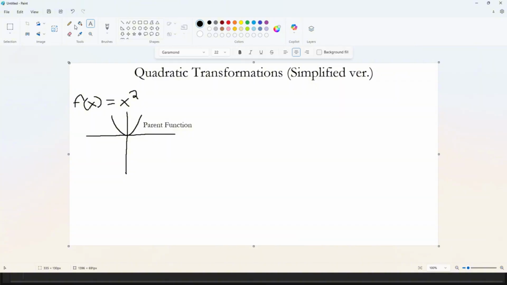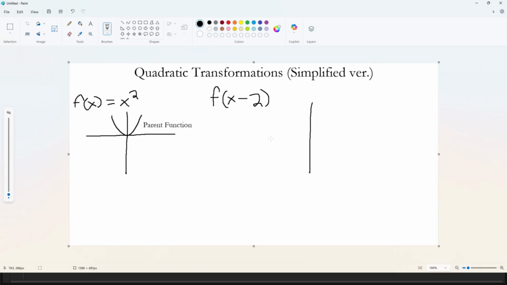And first we're going to do translations. Now, if we want to translate our function 2 to the right, we would take our parent function, and inside the parentheses with the x, we'll subtract 2 in order to translate it to the right 2 units.